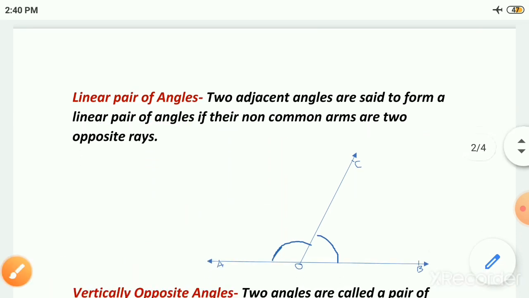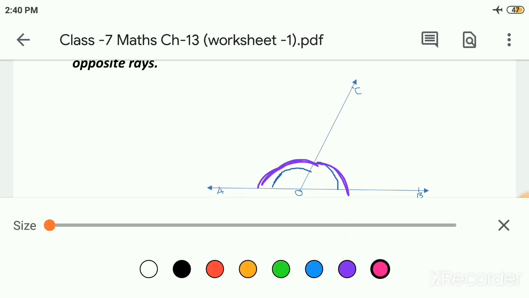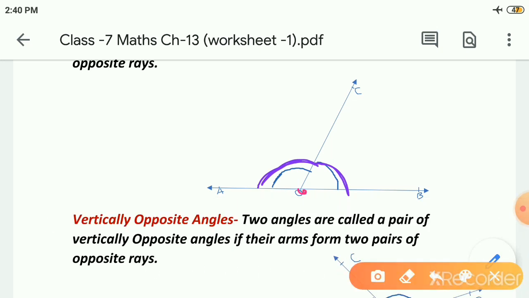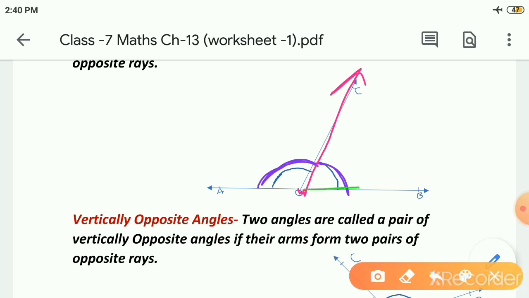Like you can see in this figure, this angle and this angle are adjacent angles. You know why? Common vertex, common arm, and these two rays are non-common arms, in opposite directions. One is on the right, one is on the left.